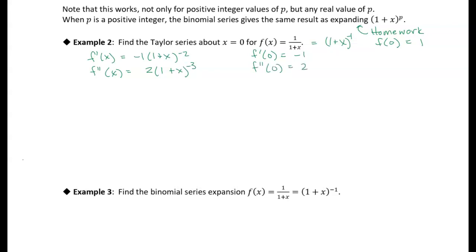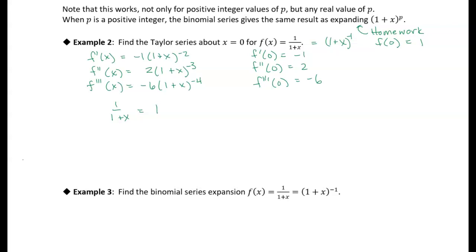The third derivative is, we're going to take 2 times minus 3, so we get minus 6, 1 plus x to the minus 4. And the third derivative at 0 is just going to be the minus 6. So that's probably enough. That tells us that 1 over 1 plus x is equal to, we're going to start with f of 0, which is 1.